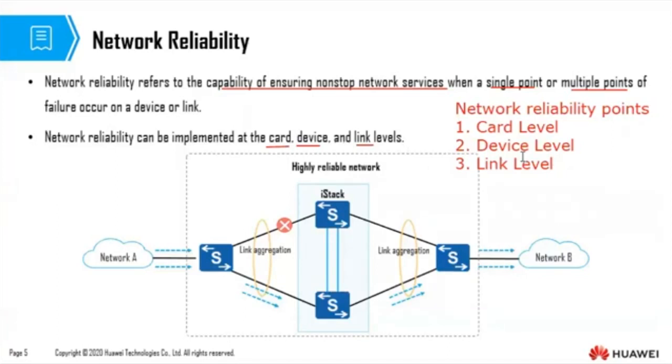Why do you think it's important? Yes, Anthony? To avoid economic losses due to service interruption. Because when services are interrupted, then the organization might not be able to achieve the objective.